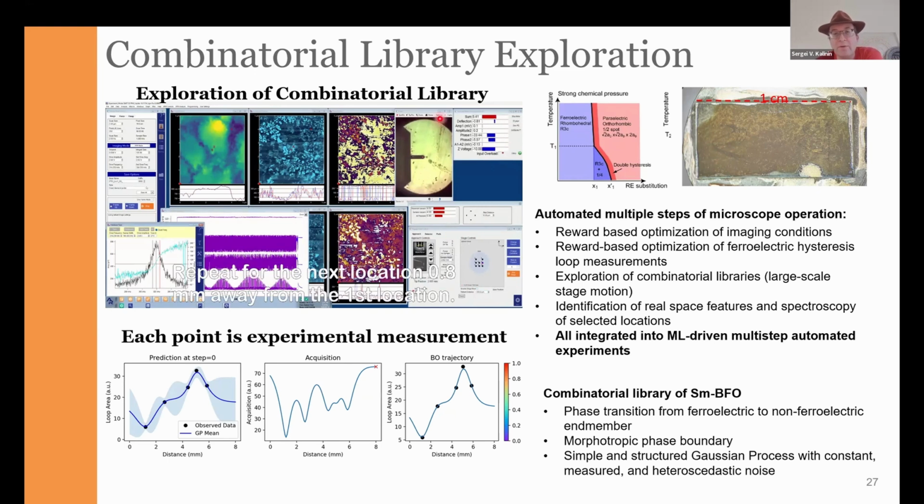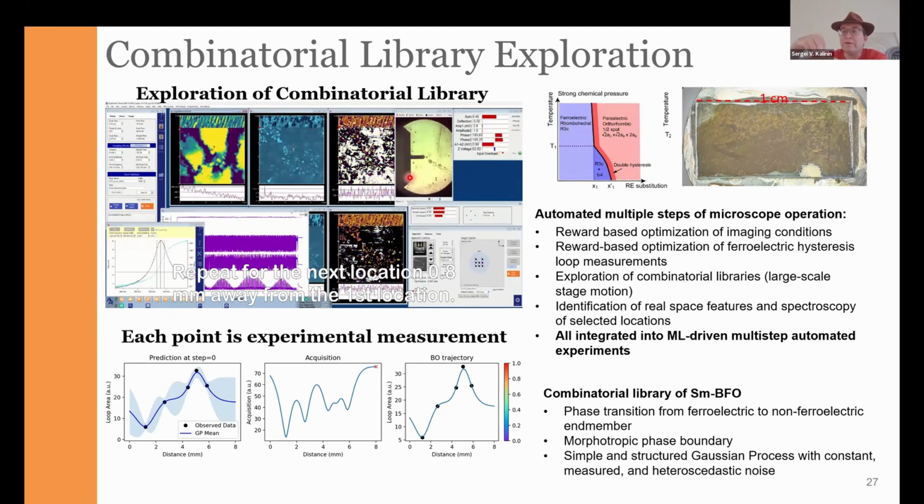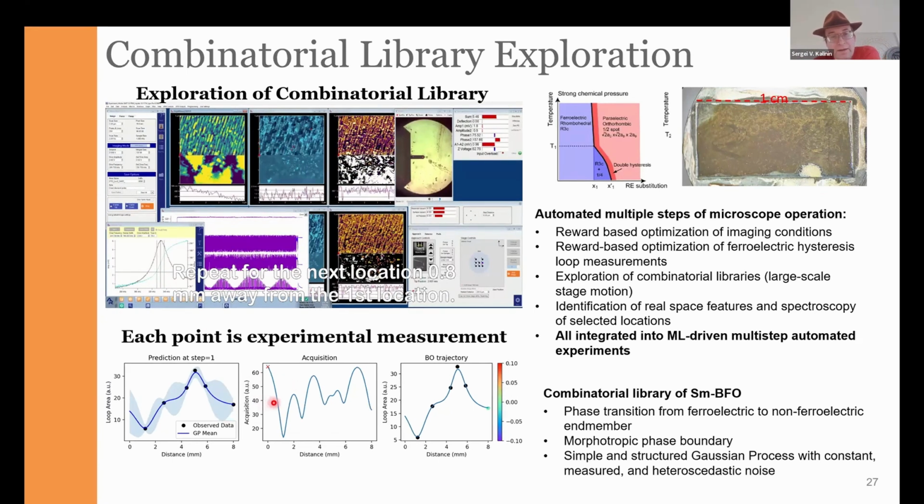So we ended up building the workflow when we look on the optical image in order to avoid the dust particles. We engage the surface, we have to tune the cantilever scanning probe imaging, and we have to tune the spectroscopy. So it ended up being the multiple step workflow, but in the end it worked.